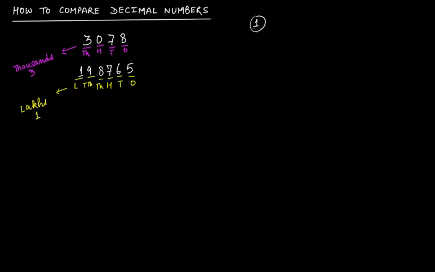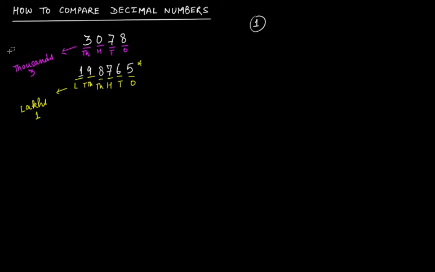So the first step is always to look for the highest place values in the given numbers. This number's highest place value is thousands, and in this number the highest place value is lakhs. Of course, lakhs is a greater place value than thousands, therefore this number will be the winner, that is, this number will be the greater of these two numbers.